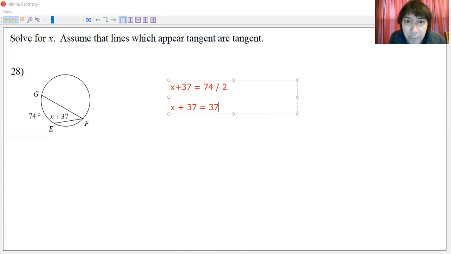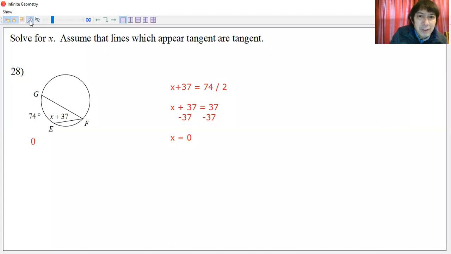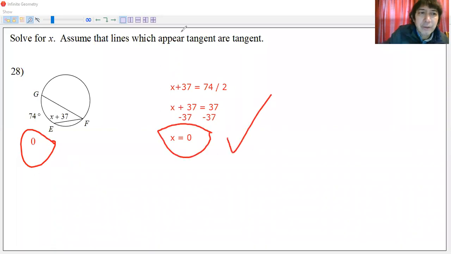So subtracting 37 from both sides, minus 37, minus 37, x is just 0. We have another 0. Let's verify the answer. Is it 0? Yes, it is. And our answer is correct.